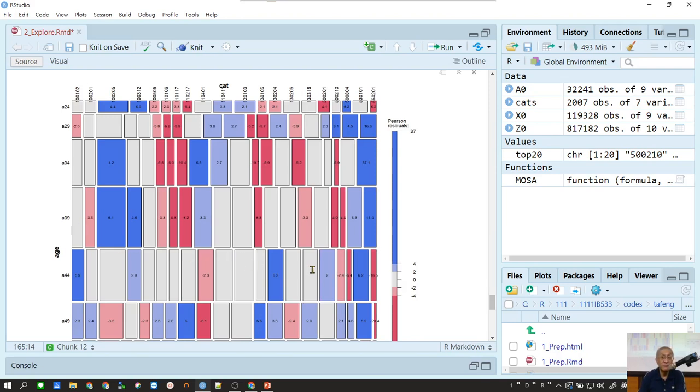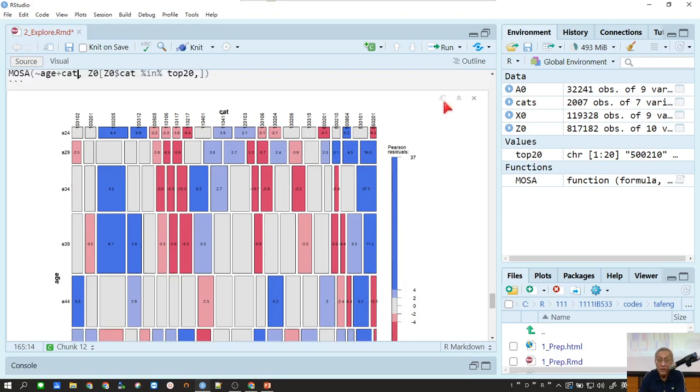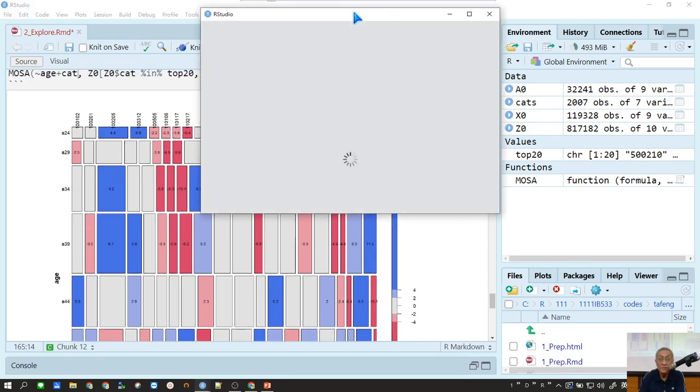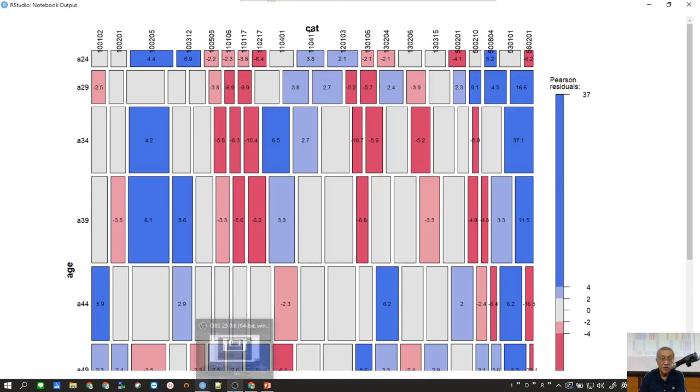This chart. See that? Now, this part is important because now I can see the different product category preference of different age group. I can see that, right? Okay.